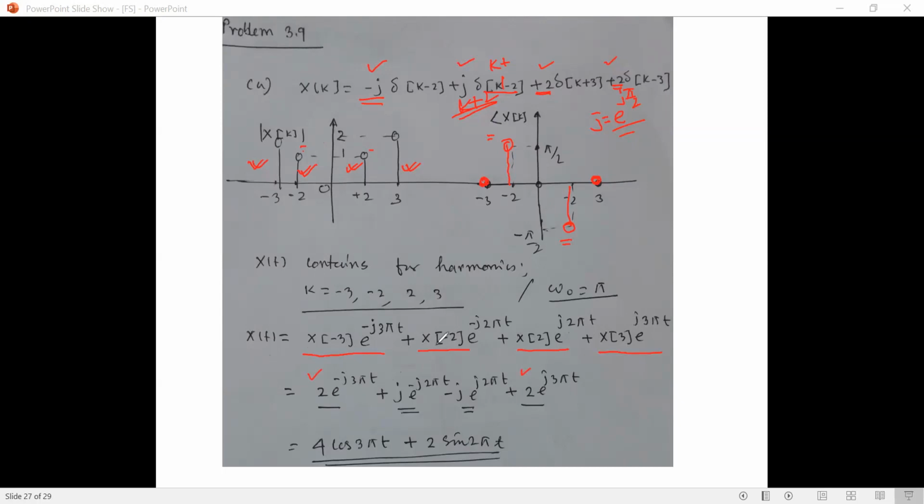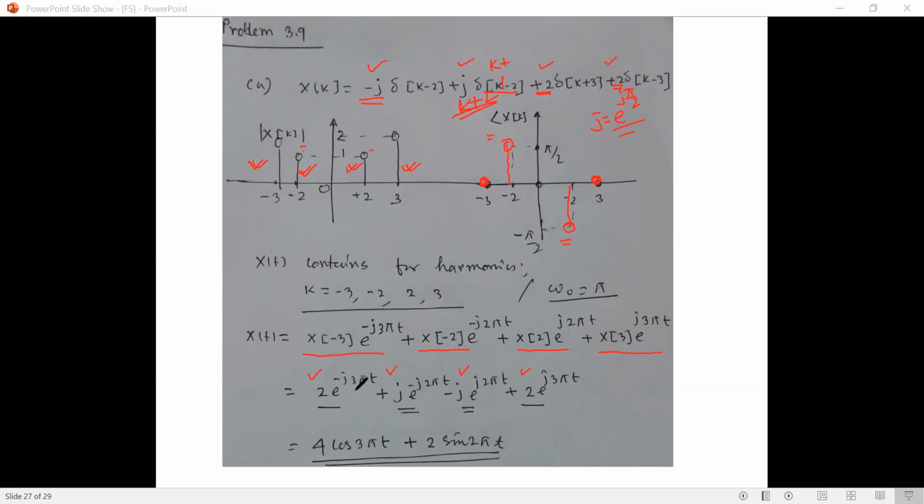Your X minus 2 is equal to plus j, and your X plus 2 is equal to minus j. Your plus j and minus j, you can replace by exponential terms, or you can keep them there so that you can convert them into cosine and sine form by using the Euler identity.